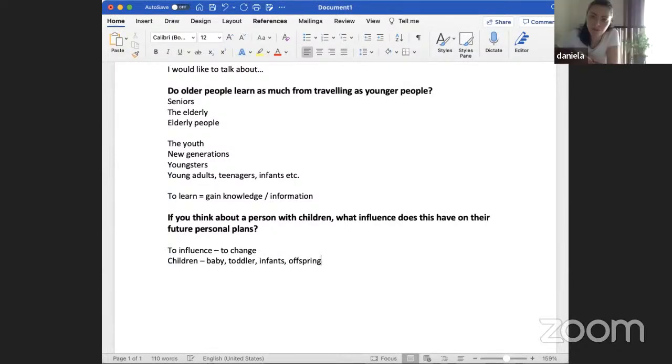Offspring, what is offspring? I mean, children, but what is it? Yes, it is a synonym for children. But is it a specific age? No, it's not. Because infants, toddlers, you know, are certain ages. Offspring, no. I never heard this word. How to explain it?